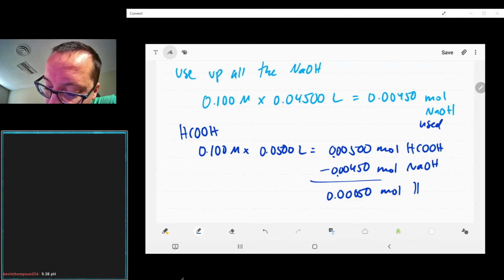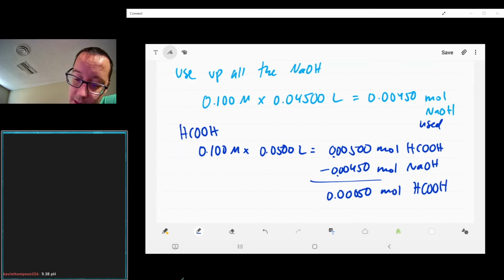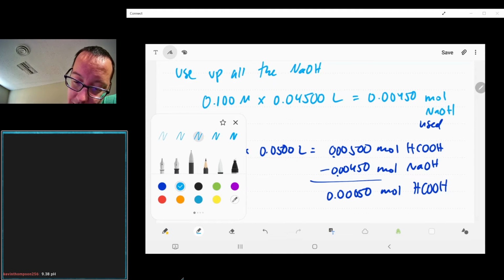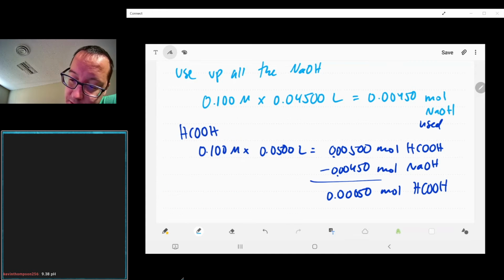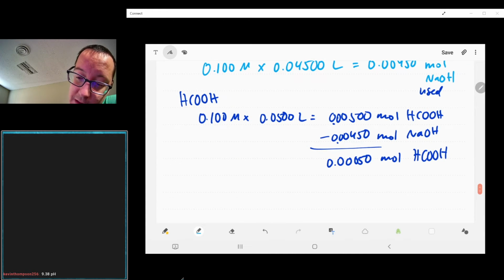So we're going to end up with a small concentration left of our acid. And we know that all of the moles of acid that we used up is now our conjugate base.